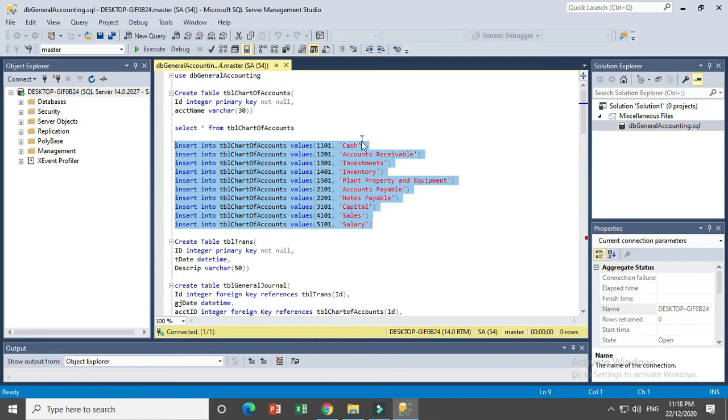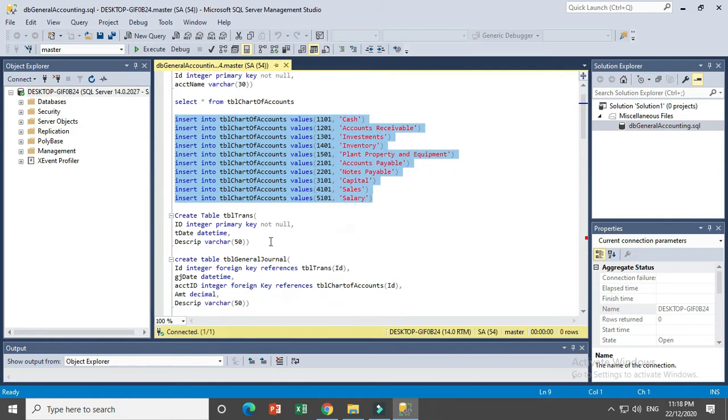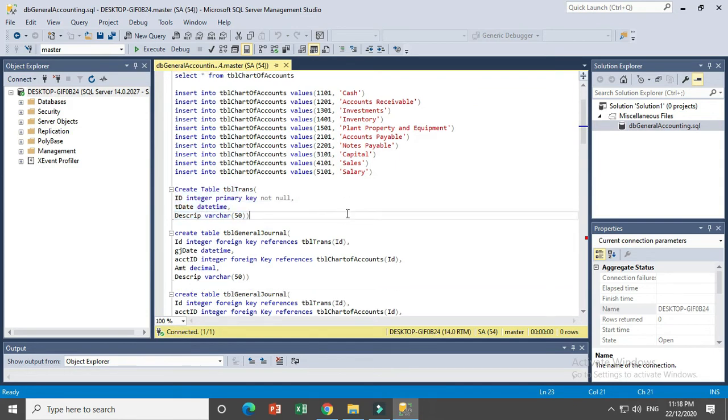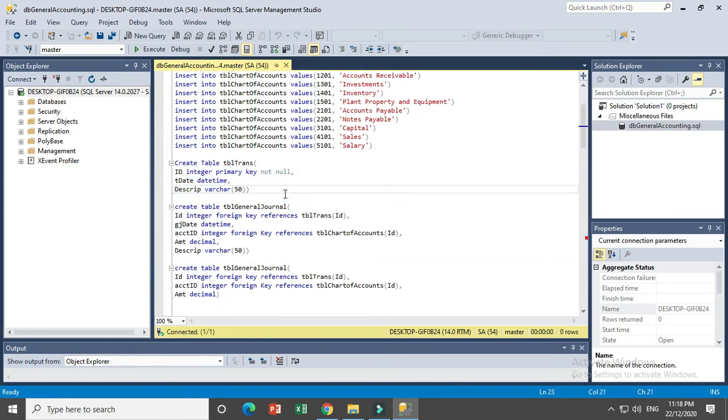It's very familiar for you, especially accounting students. We have cash, receivables, etc. We have a table Transaction. So what does this table do? Actually, this is more like a control of transactions.